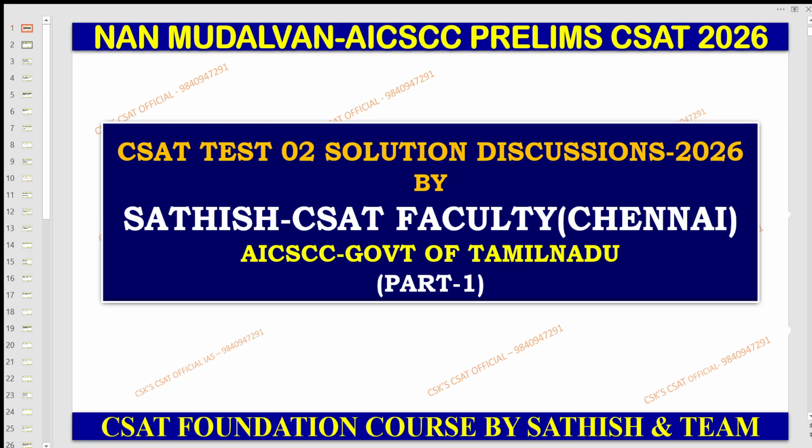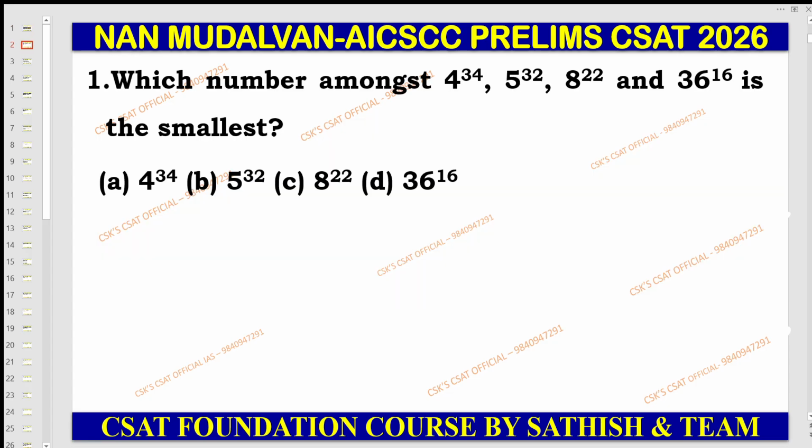All right, now this is the first question provided in that question paper. Which number amongst 4 power 34, 5 power 32, 8 power 22, 36 the whole power 16 is the smallest? This model was there in 2022 as well as subsequent years.